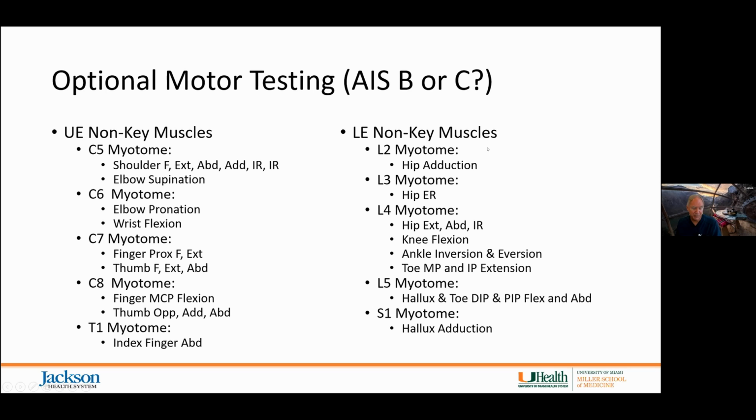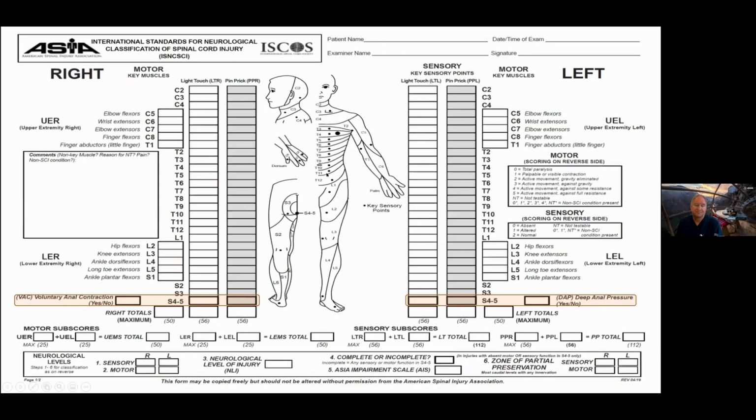That's also going to help me with regard to prognosis. And that's one of the major reasons why we would include some of these optional muscle groups to be tested.